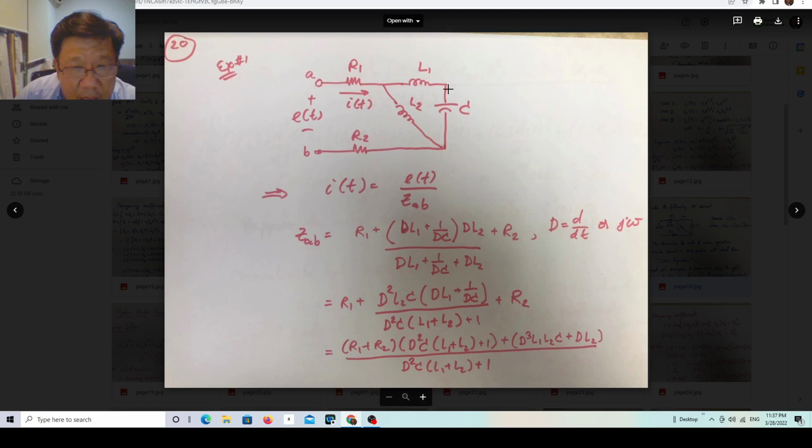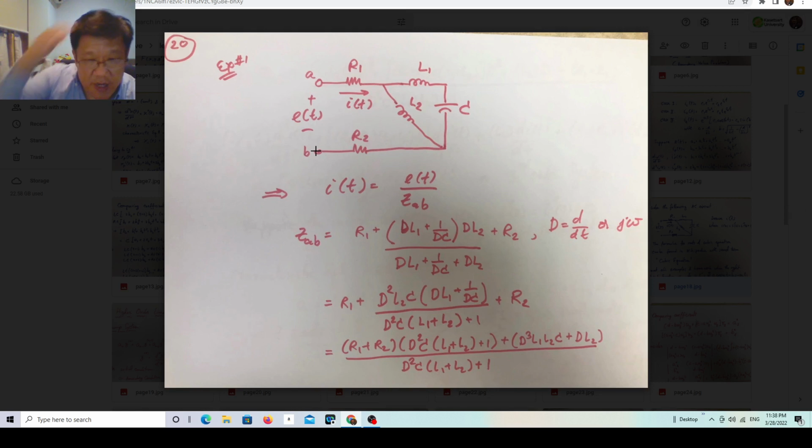The current passing out of R1 is separated into two parts by the incoming node at this point. They run in parallel to each other, then reconnect at this point, and pass to the second resistor to reach terminal B.